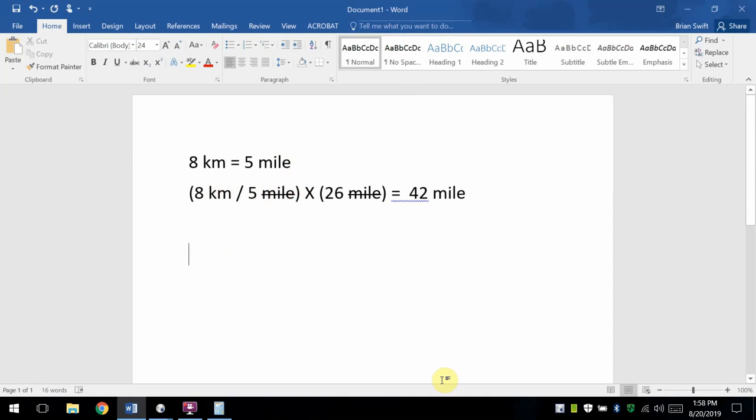Okay, let's use that same conversion factor. Instead of using the slash as the solidus in the fraction, let's try to actually draw a line underneath. So let's see. This 5 is going to be on top now. 5 mile.